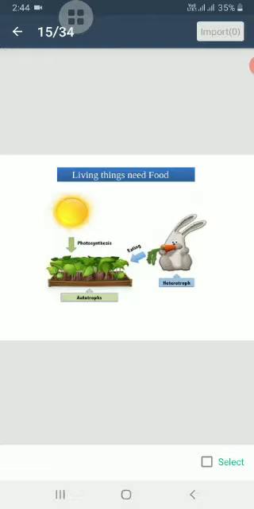Animals are heterotrophs as they depend on others for their food, and plants are known as autotrophs as they make their food themselves. So living things need food to grow, to work, and to get energy.